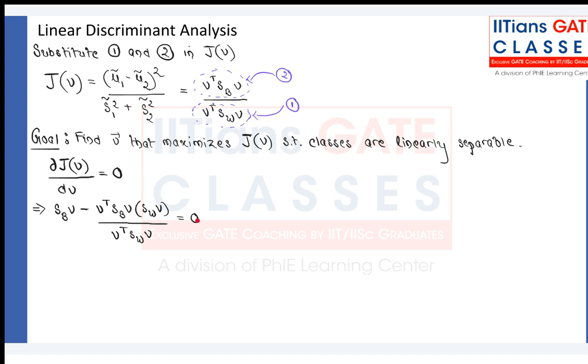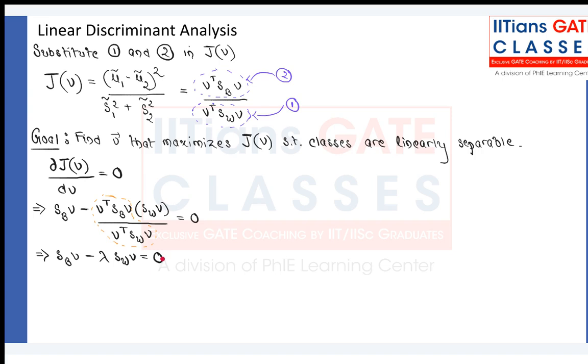And if you do some simplifications, you get SB v minus, now the thing is, this is a scalar, and I call this lambda, SW v is equal to 0.